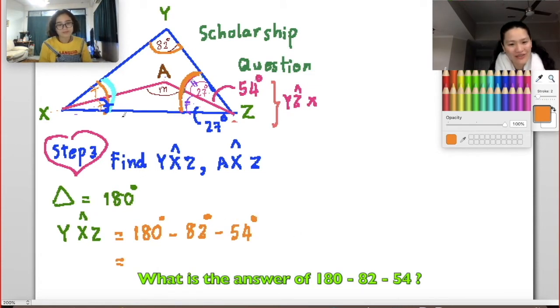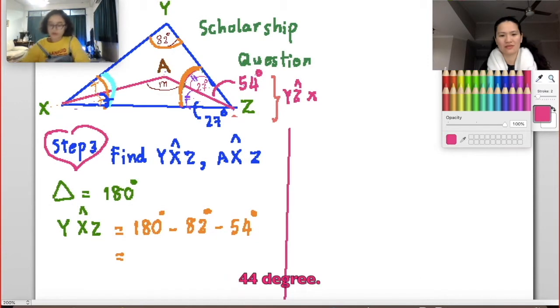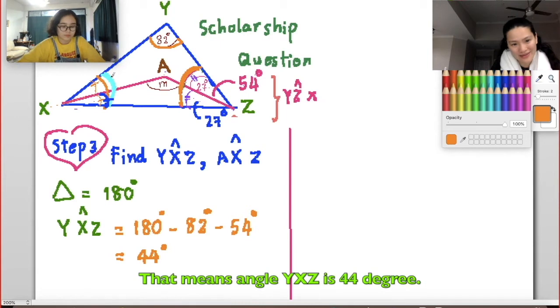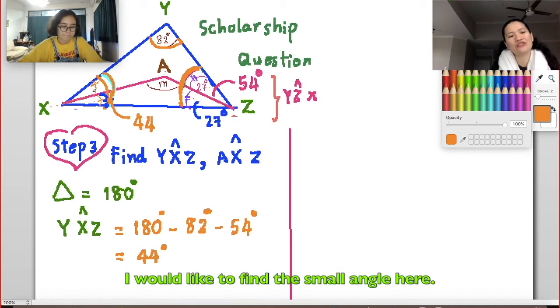Leila, calculate, what is the answer from here? 180 minus 82 minus 54. 44. That means all of this angle YXC is 44. And then I would like to find just the small one here.